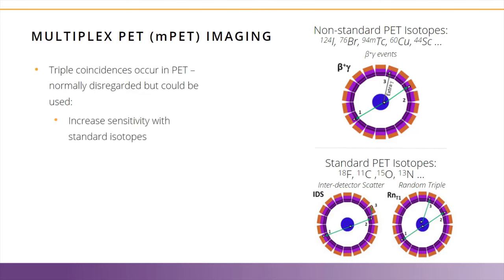When the imaging system is configured to include triple coincidences, then there can be an increase in sensitivity for the standard isotopes as more annihilation events may be collected by the electronics. However, when triple coincidences are allowed, this opens up PET imaging to some non-standard isotopes such as iodine-124, bromine-76, technetium-94, and many others.